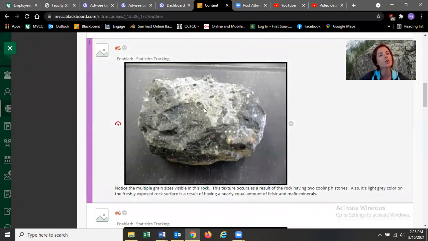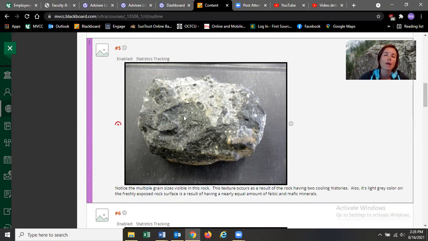What about this one? This one looks weird. Okay, I want you to look at this. This is a freshly exposed piece, which is a light gray. And then this is a portion, a surface of this rock that's been handled by the oils in our skin, which has caused it to appear darker, kind of like when you throw a pebble into a stream and the hue of the color darkens, okay?